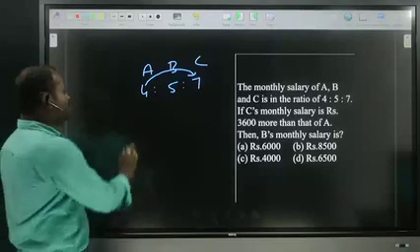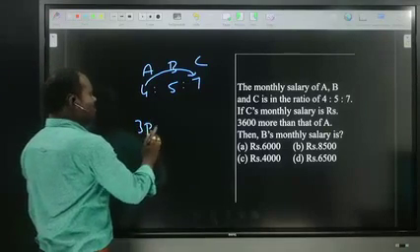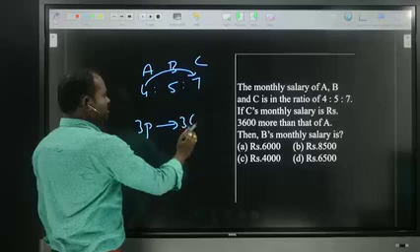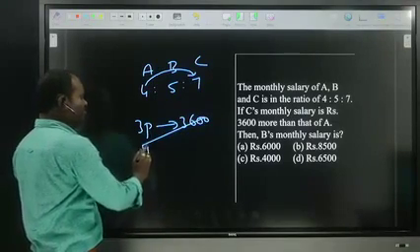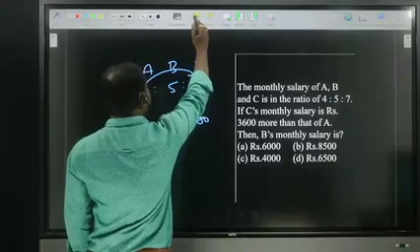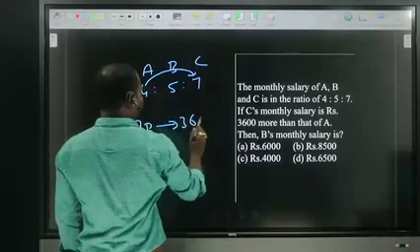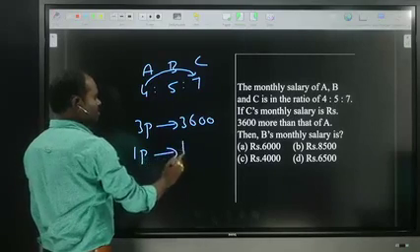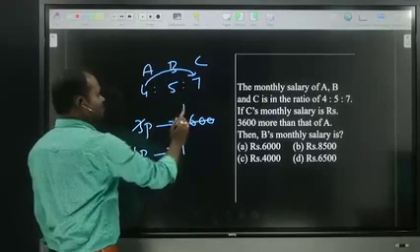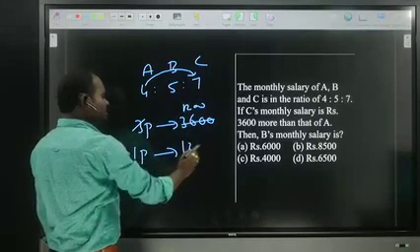That means 3 parts means 3600. If 3 parts is 3600, then what is one part? One part will be 1200, because 3 times 12 is 36, so one part is 1200.